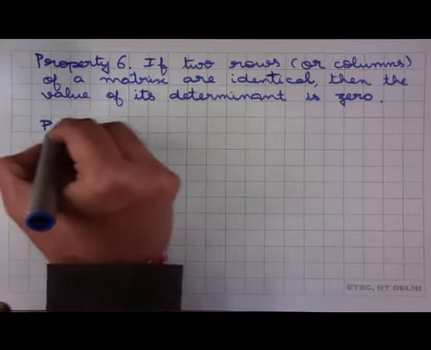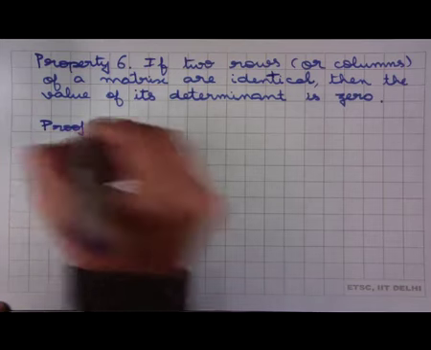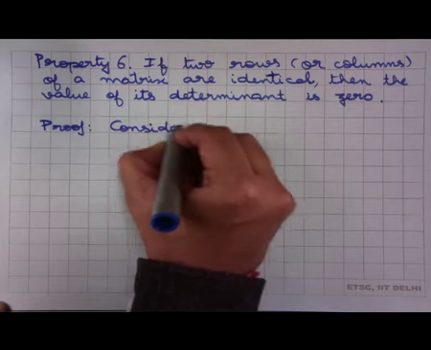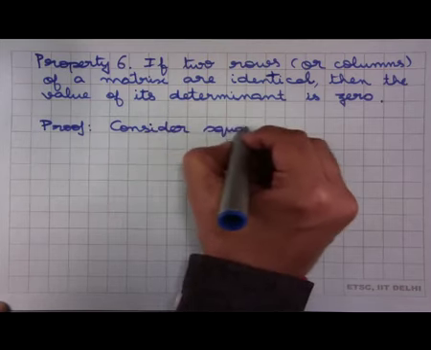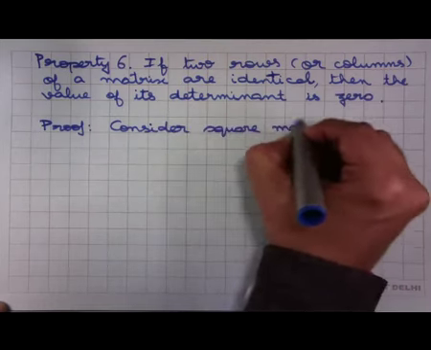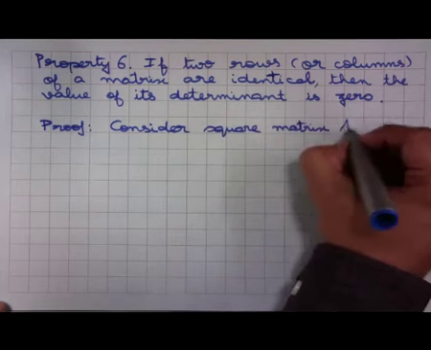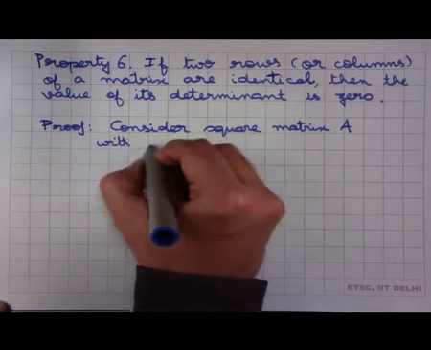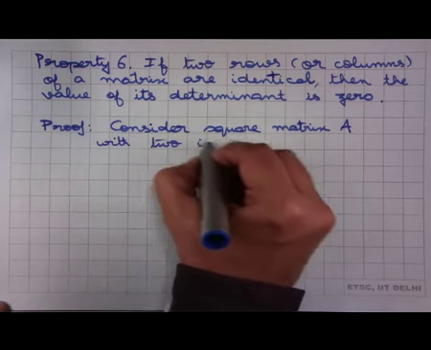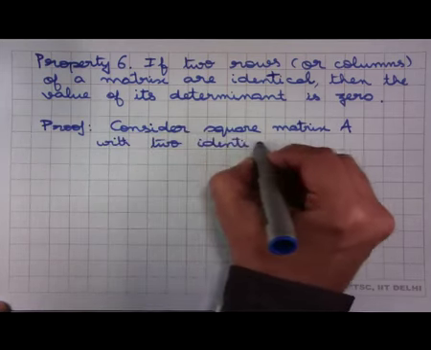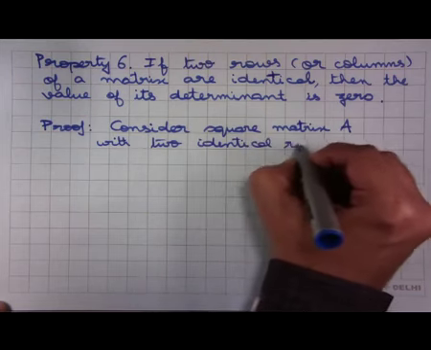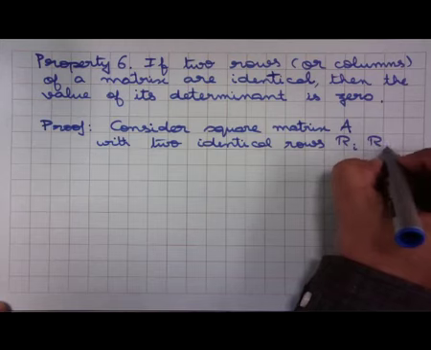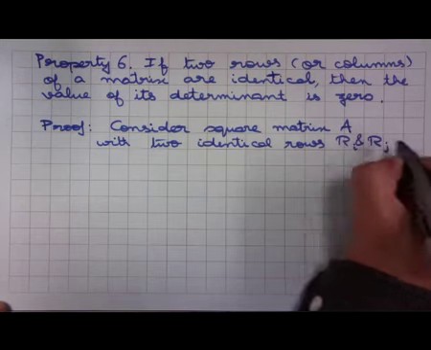So, the proof is: consider a square matrix A which has two identical rows. Let us call those rows R i and R j.